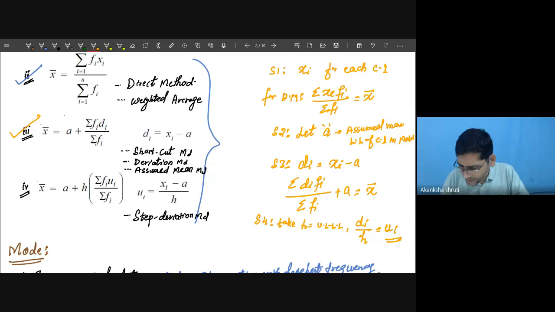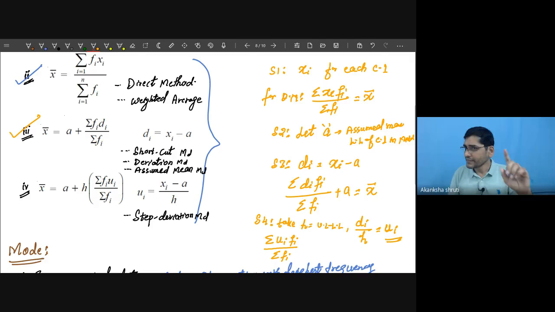Now you need to calculate the product of this ui with fi in one of the columns, for each interval. Then add it and divide it by the sum of fi.